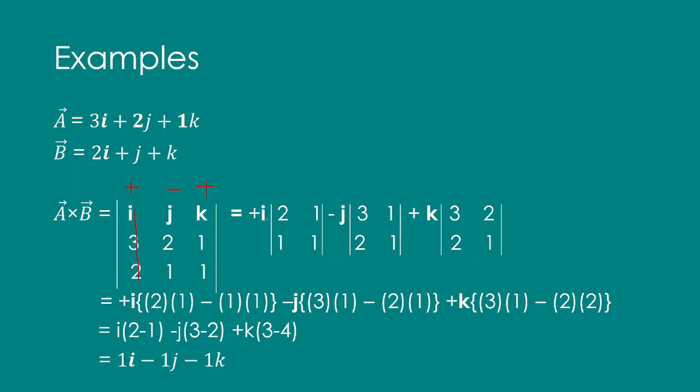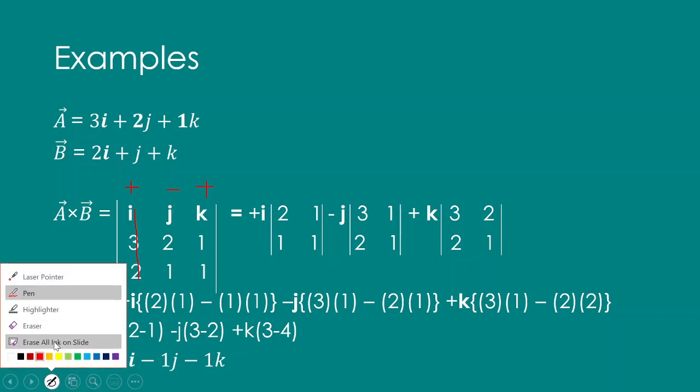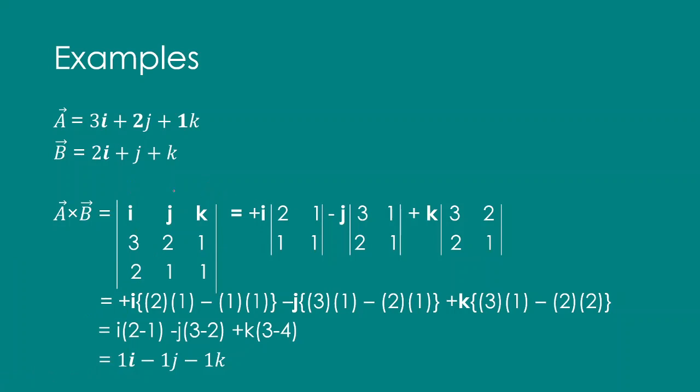To calculate for j, I cover j, and since there's a negative in front of the j, I have negative j here, and I have 3 1 2 1. Similarly for k, you cover the k and get 3 2 2 1.